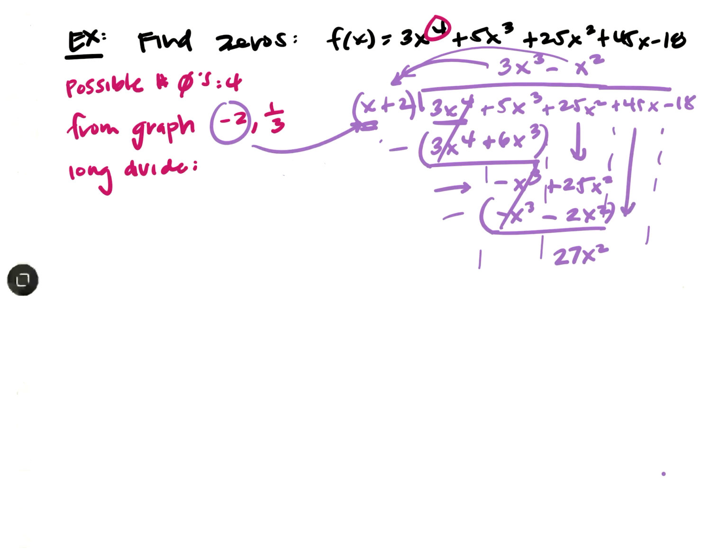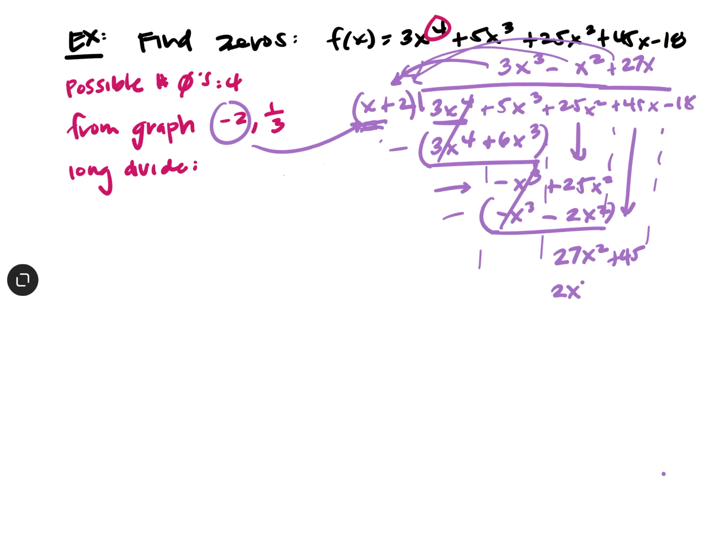One more time. This is getting a little bit tedious, I know. So we drop down our 45x. We're asking ourselves x times what is 27x squared. That's 27x. Then we're going to multiply it again.